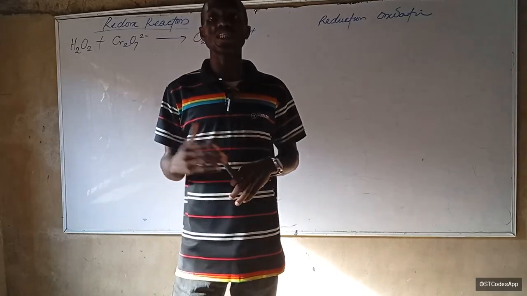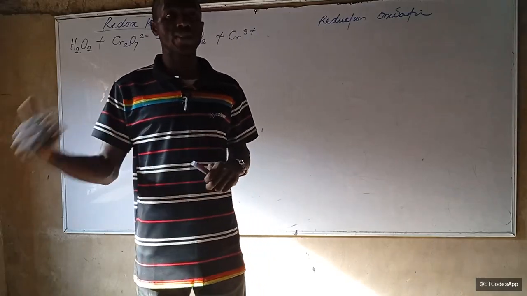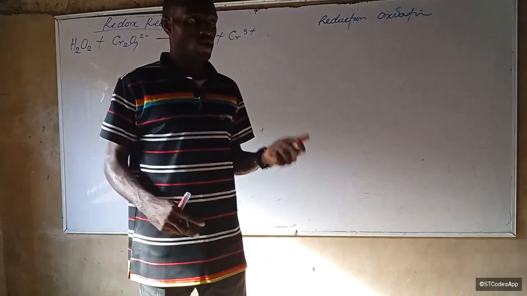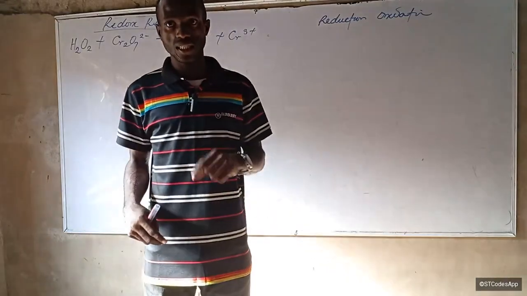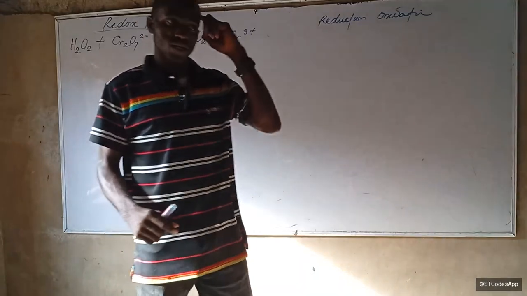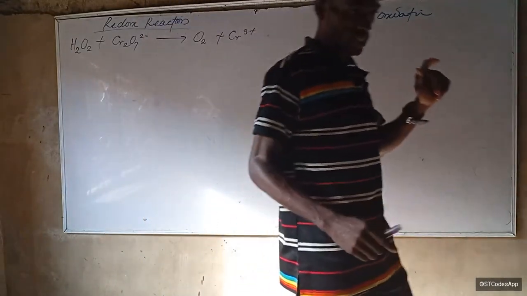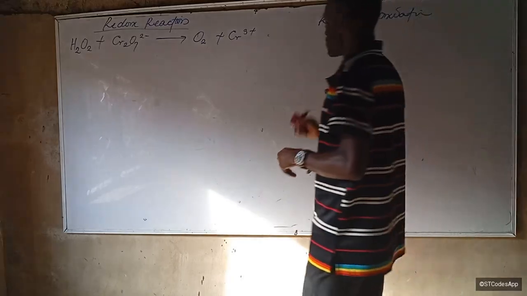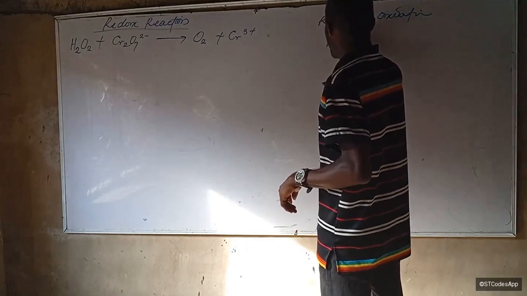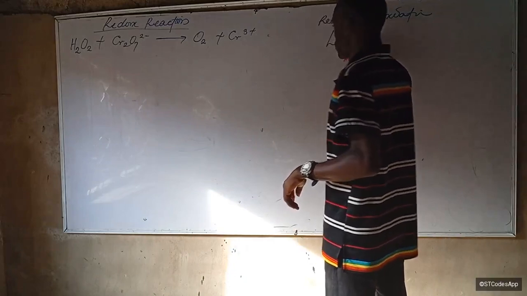Now, if you see the electron on the right side, it is oxidation, right? And if you see electron on the left side, it is what? Reduction. Do you understand? So then another trick is this. We've probably done this before, that loss of electron is what?